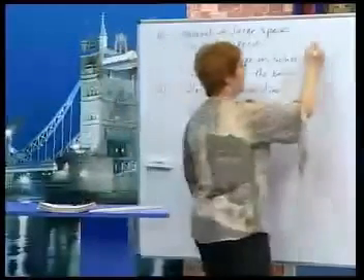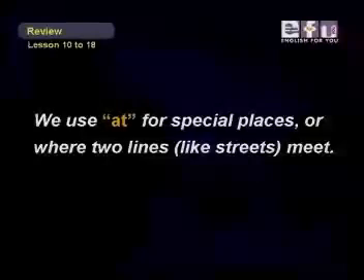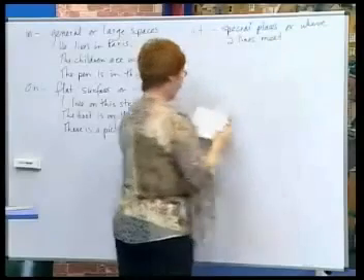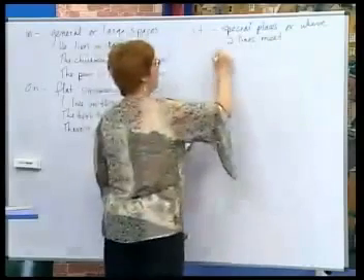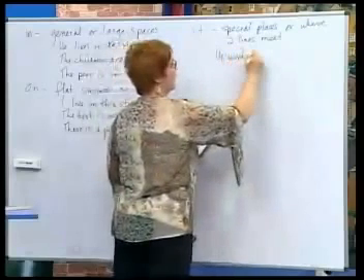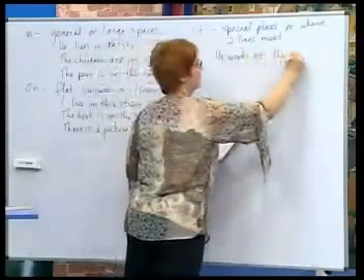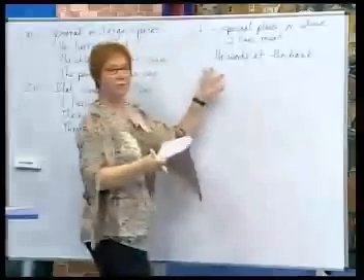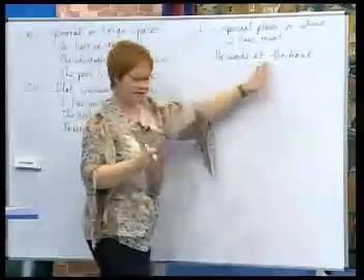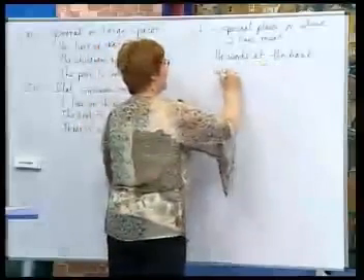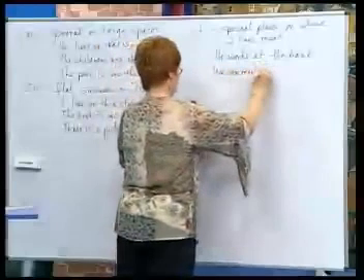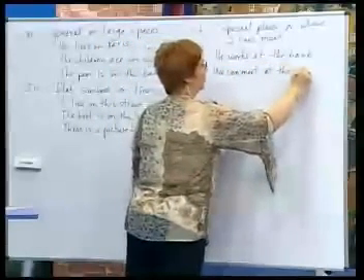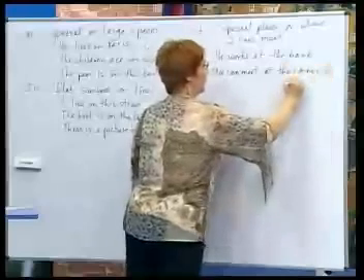Now let's talk about at. And remember that at is for special places or where two lines meet. Okay? So, for example, he works at the bank. This is a special place. We can meet at the corner of the street.